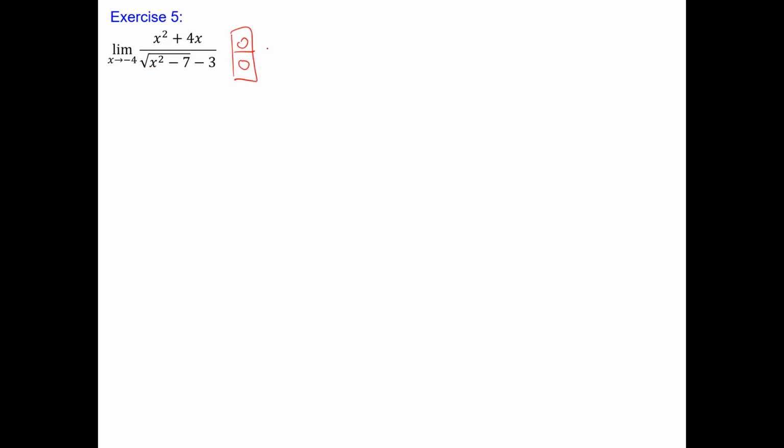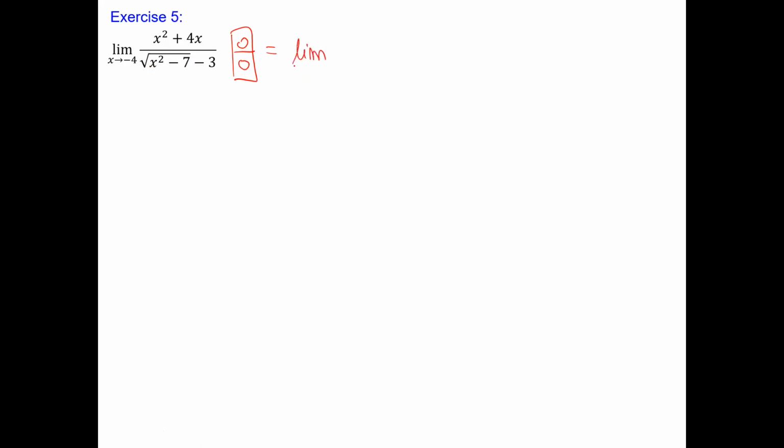So the denominator is 0 and the numerator is 0. We still don't know, because even if we have 0 over 0, it could be anything: 0, a finite number, or infinity. So we have to be careful.